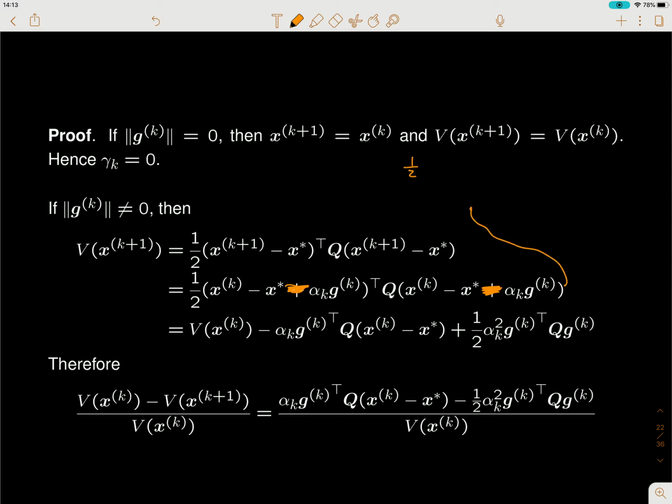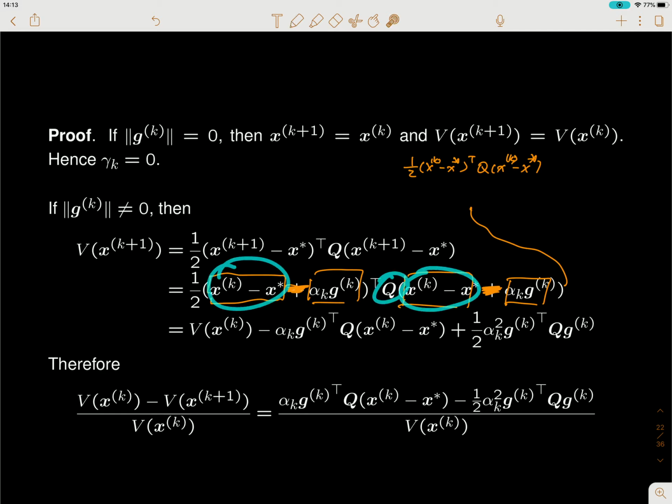I put these two together, and then this. Similarly, I have these two together, and this one goes by itself. So when I expanded it, I should have four terms coming out. The first is (x_k minus x*) transpose Q (x_k minus x*), from the product of this Q and this one itself. That's how I get the first term.